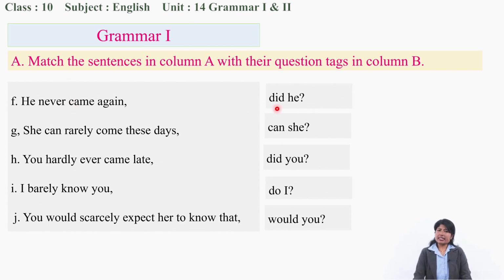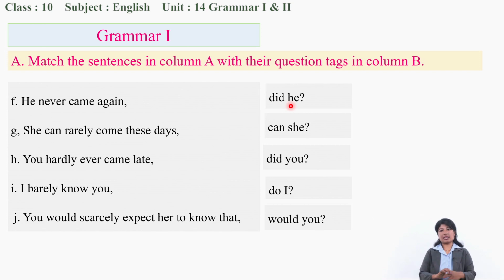Okay, next thing we can notice over here is he never came again. We don't find any auxiliary verb here, right? Is, am, are, was, were, can, or some modal verbs. Nothing is there. So if there is use of a main verb, what do we need to use?